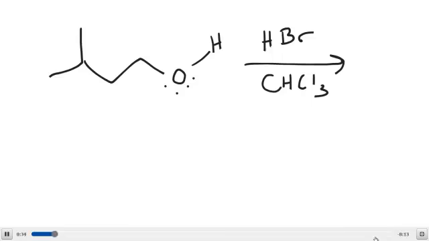The big difference with this reaction compared to the other one is the fact that in the rate determining step, two chemical species are coming together. And the two that will be coming together will be the protonated alcohol substrate and the bromide, which will be our nucleophile.